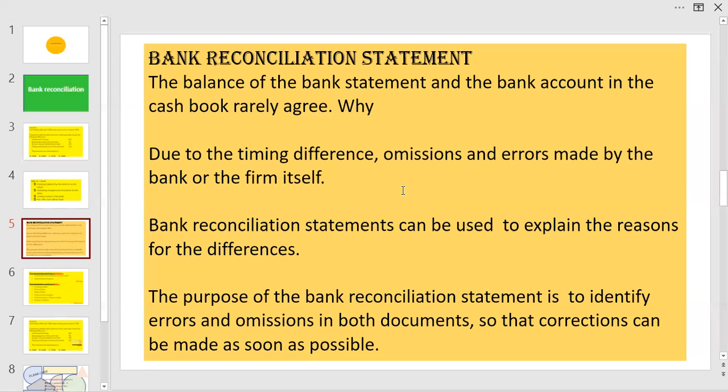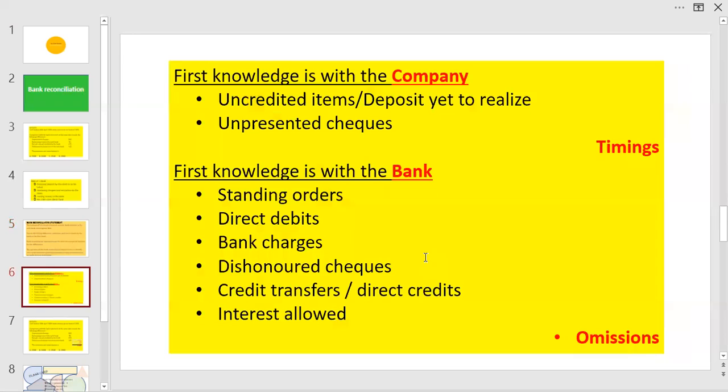In addition to that, there can be omissions and commissions errors. Rates of omissions are very high when dealing with the bank, mostly due to these reasons. One is standing orders. Standing orders are where we give a permanent instruction to the bank to make a certain payment on a particular date to a particular party.